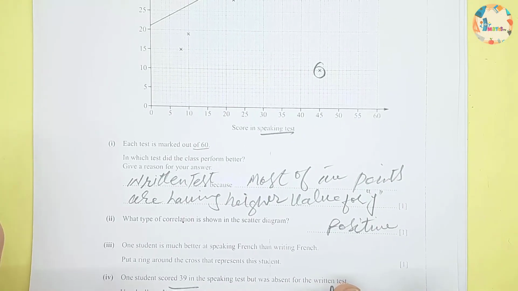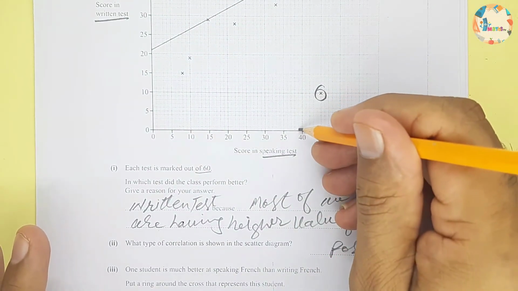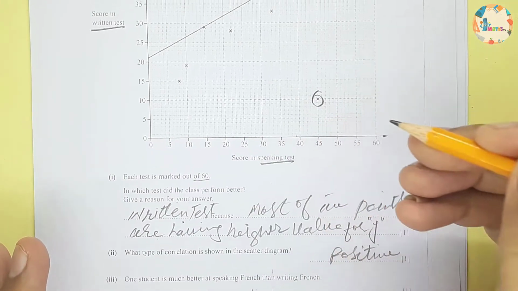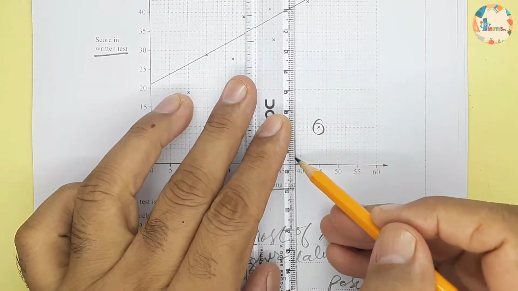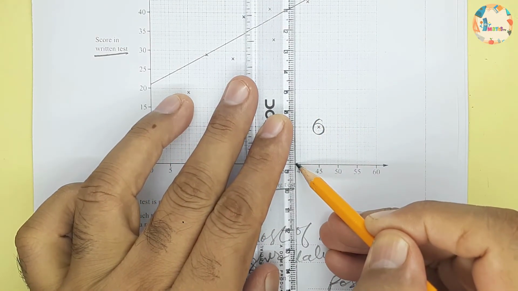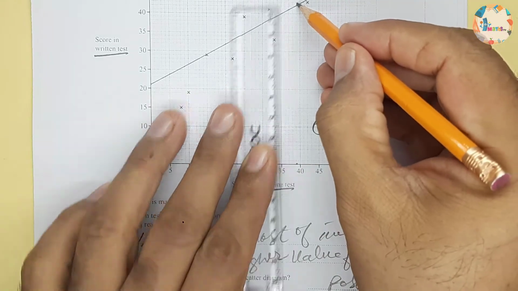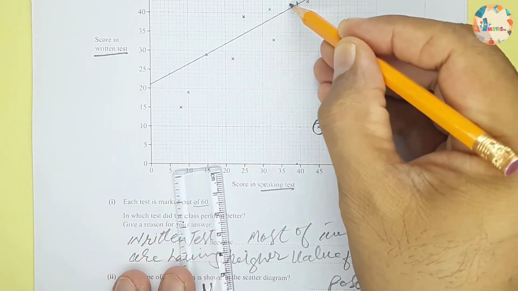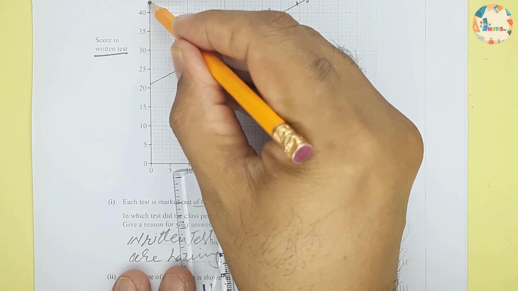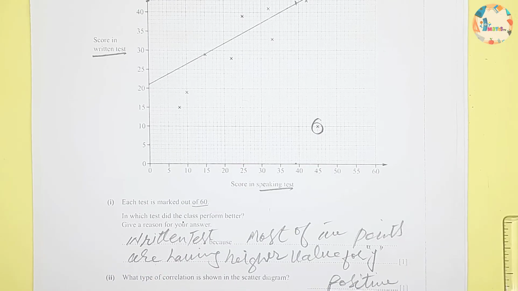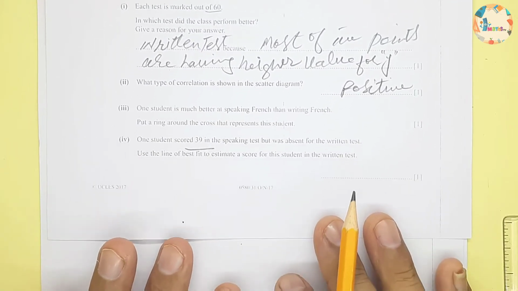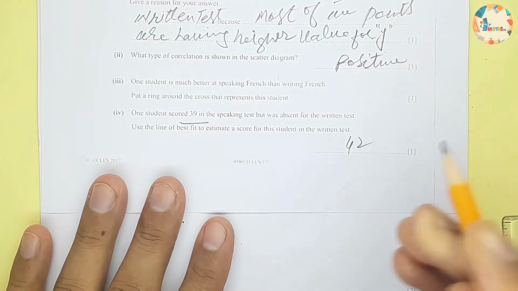So 39 in speaking will be this line, and if we check the reference of this line, it will be over here, and we can take from here, this side, as 42. So it will be 42 over here.